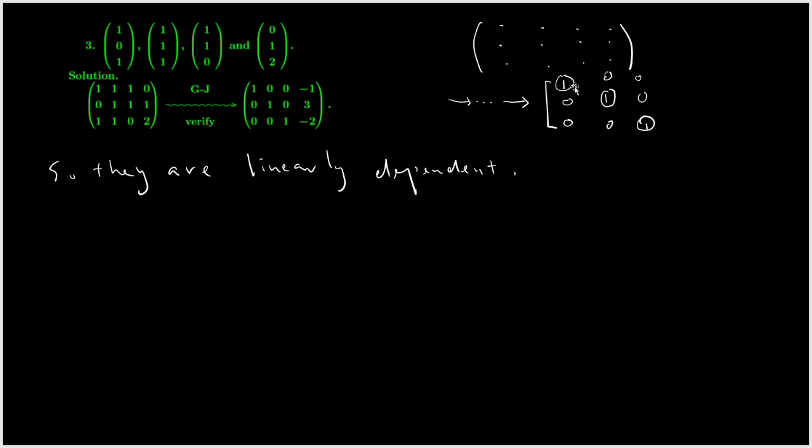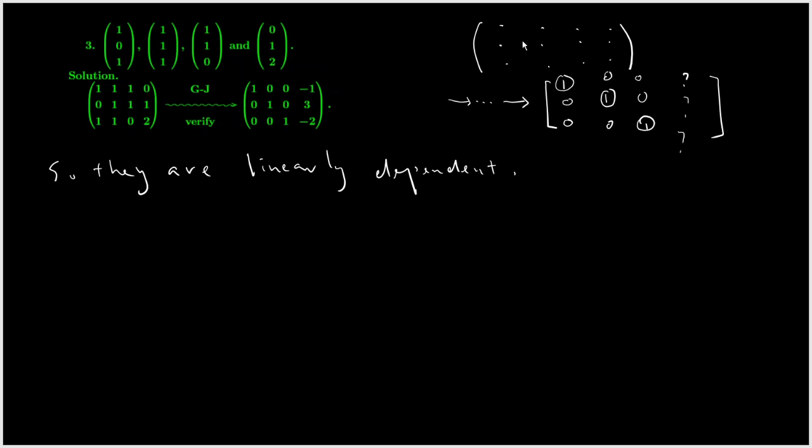There are at most 3 leading ones, and every leading one is in some column. So there's at least 1 column without a leading one, which means the given vectors must be linearly dependent. I'm trying to say it's not possible for 4 vectors in R3 to be linearly independent.